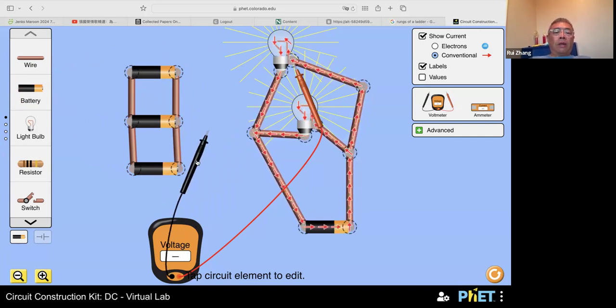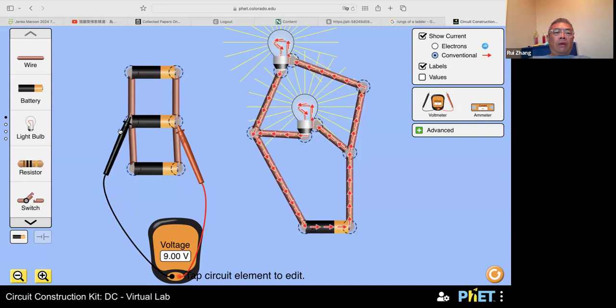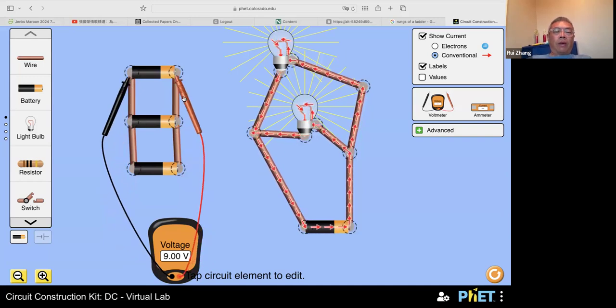If you want to measure the voltage of a battery connected in parallel, you put the probes here for this battery, here for this battery, and here for the top battery. But if you want to measure the voltage of the whole three batteries connected in parallel, there's not much you can do.